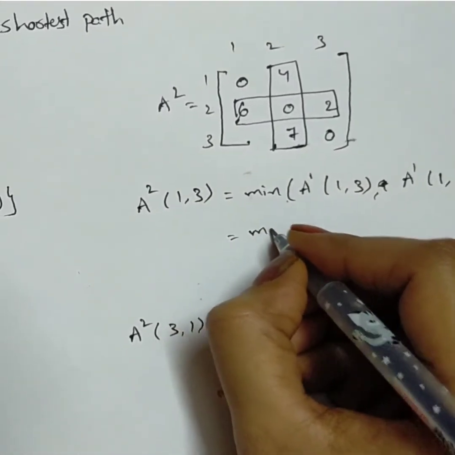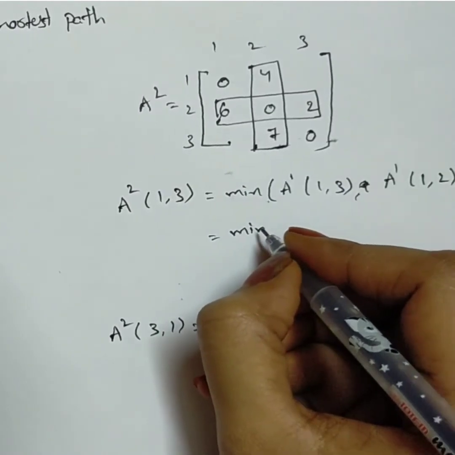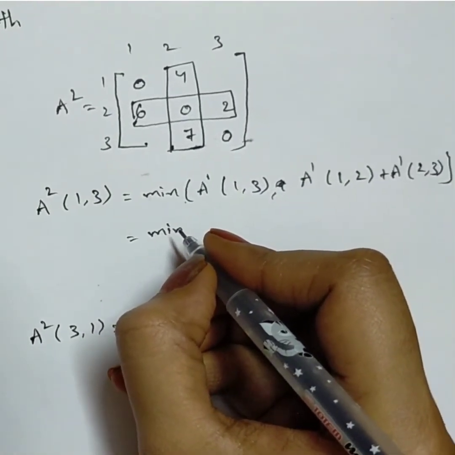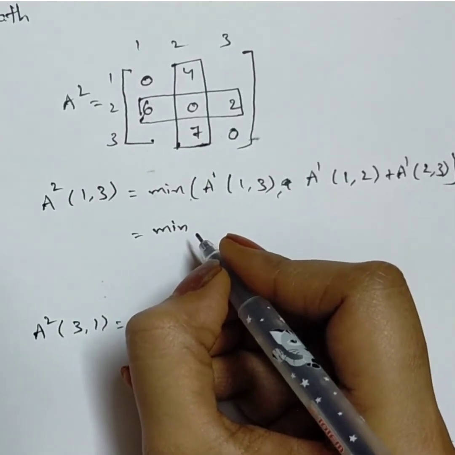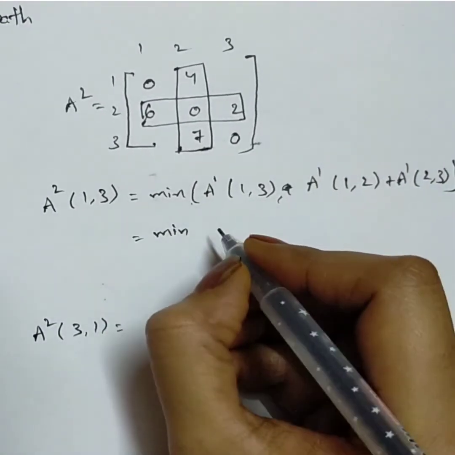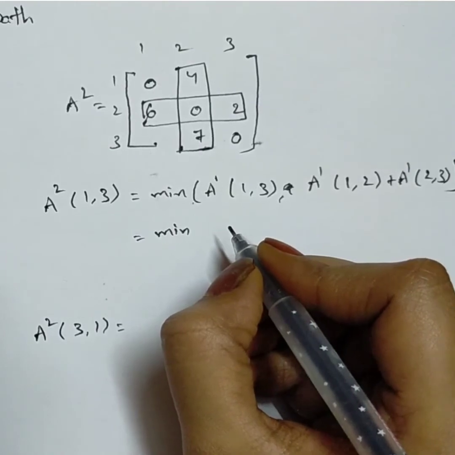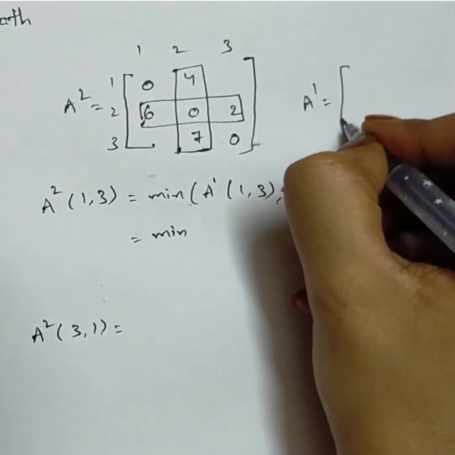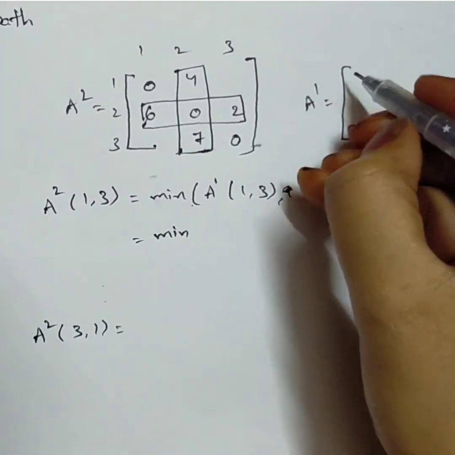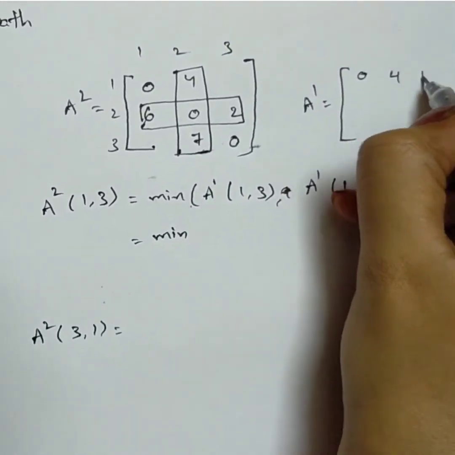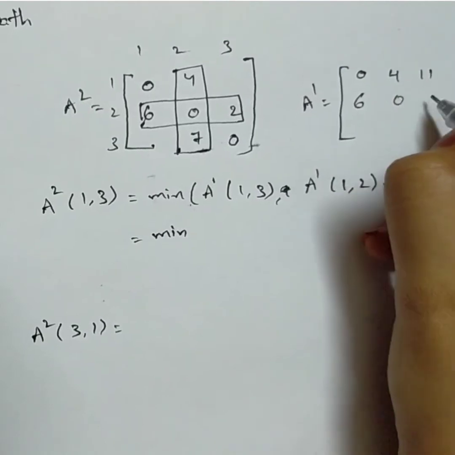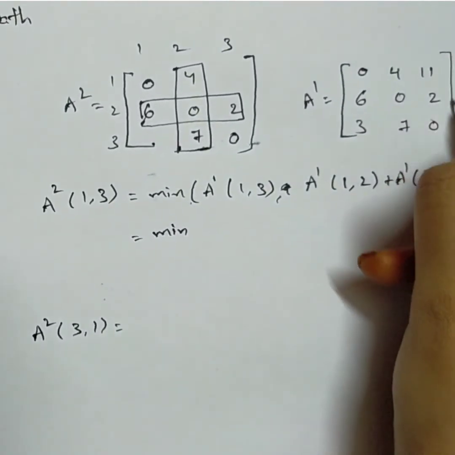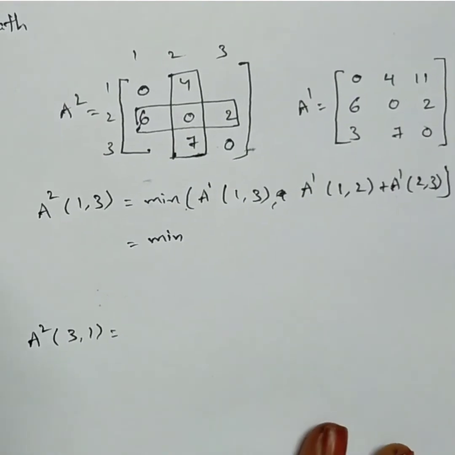See, minimum of a1 of (1, 3). See, I am writing the a1 matrix here. The values of the a1 matrix: 0, 4, 11; 6, 0, 2; 3, 7, 0. Okay, these are the values in the a1 matrix.